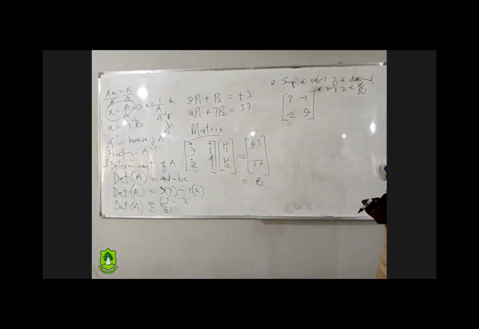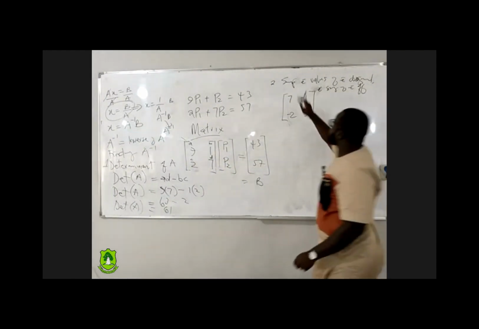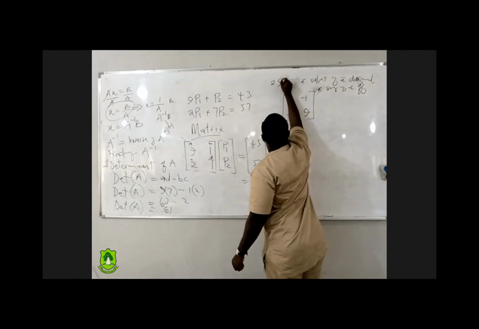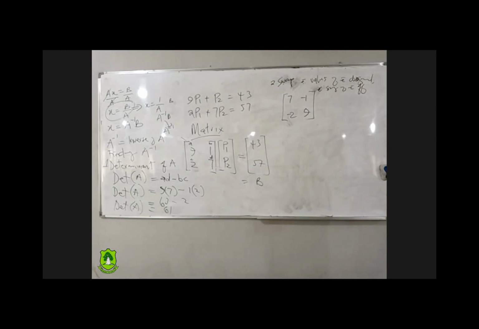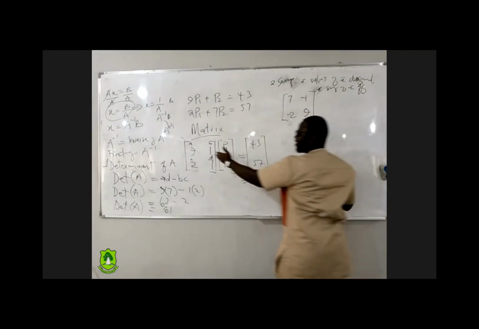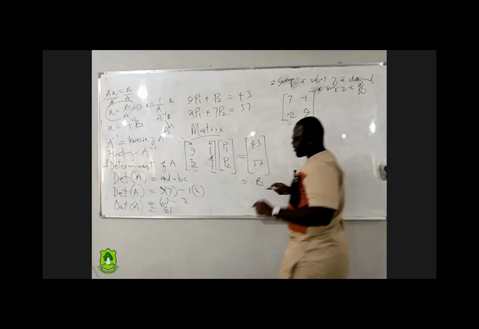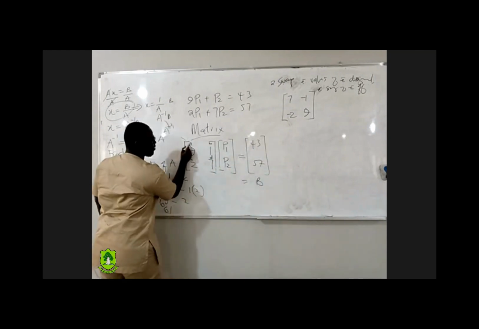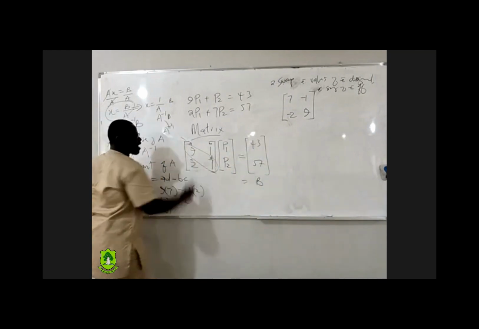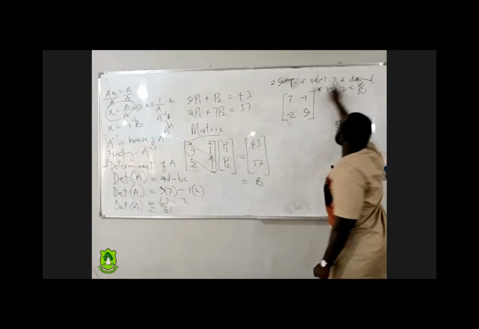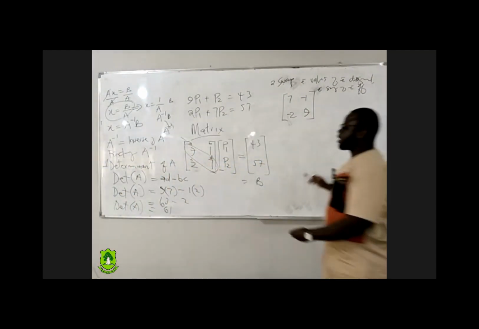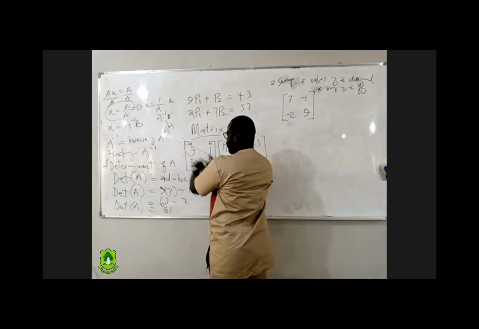Are we following? So please note, this is simple. What we are finding here is diagonal. So what do we do with the diagonal values? We swap them, which means that wherever that is here, we put it here.